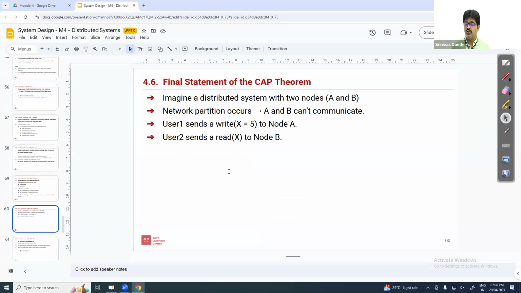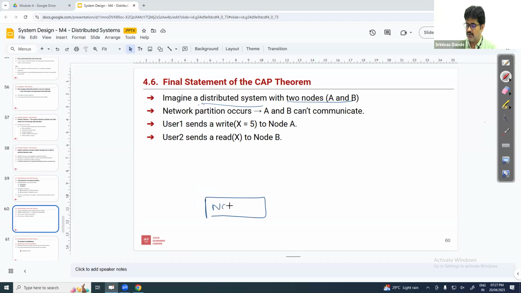Next. To make the final statement of the CAP theorem clearer, I'm taking one scenario. Imagine there is a distributed system with two nodes.